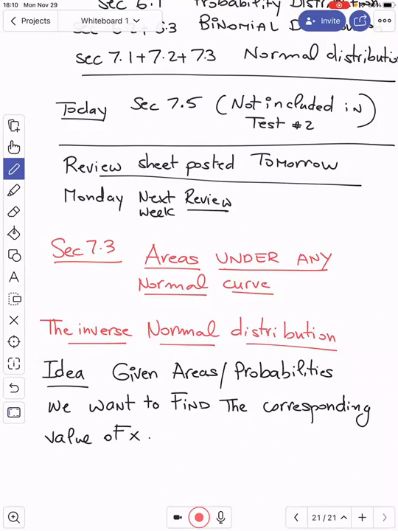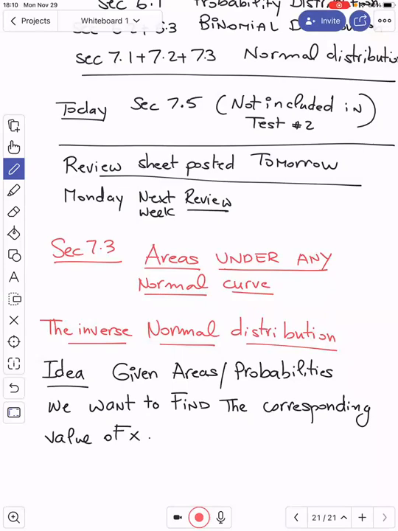So given x, we want to find the areas or the probabilities. Now, in this inverse normal distribution, we have the areas or the probabilities given in the problem, and then we need to find the corresponding x, right?